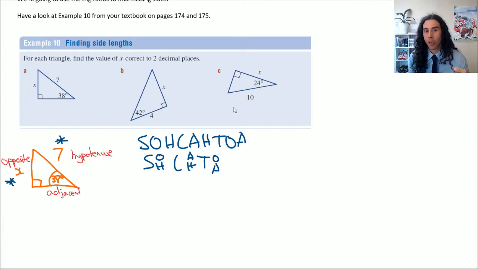So we say, do we use sine, cos, or tan? Well, which one of them has the O and the H? The one that has the O and the H is most definitely the sine.